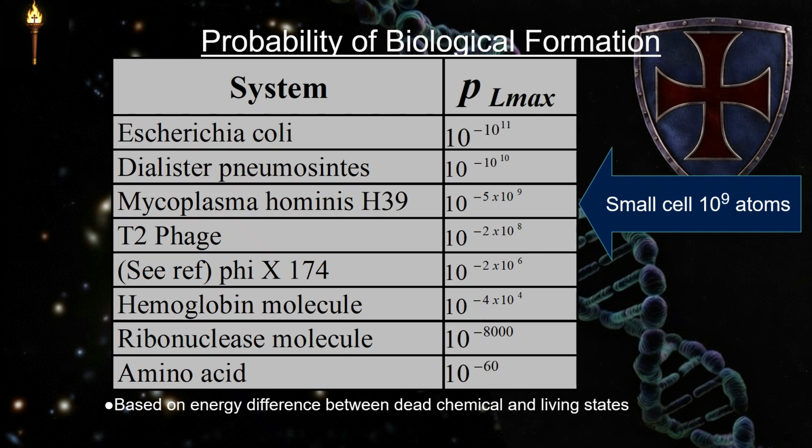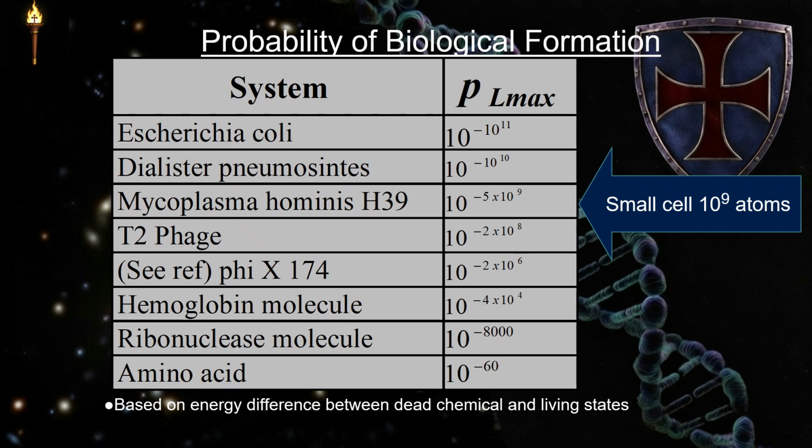From the book, I've taken this table, and it lists out various different cells or viruses that exist and what the simple model would tell us about the probability of that forming, just based on the energy difference between dead chemicals and living states. We're going to focus on Mycoplasma hominis H39, which is the small cell that has 10 to the 9 atoms.